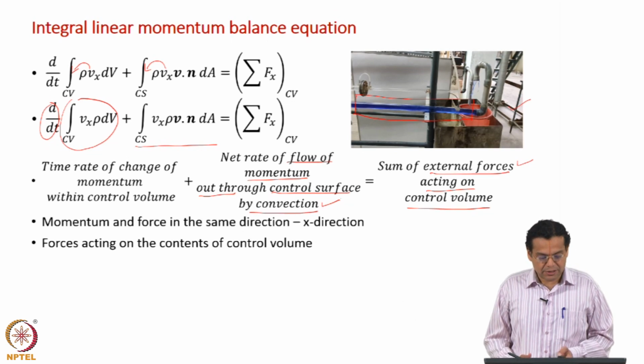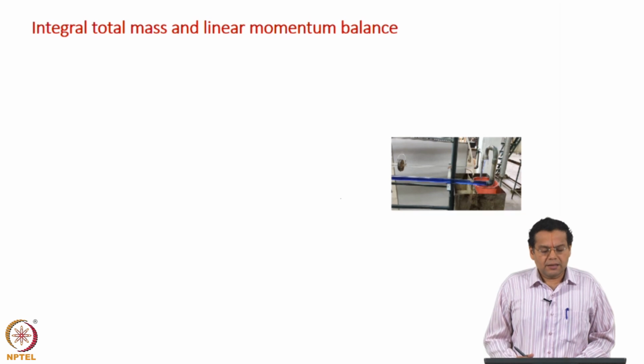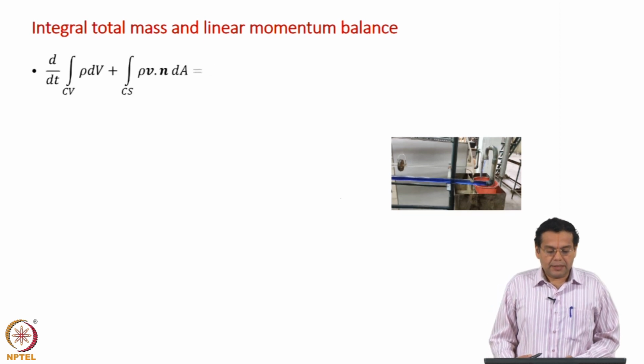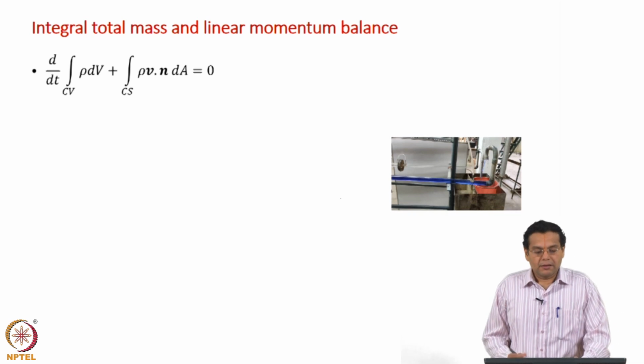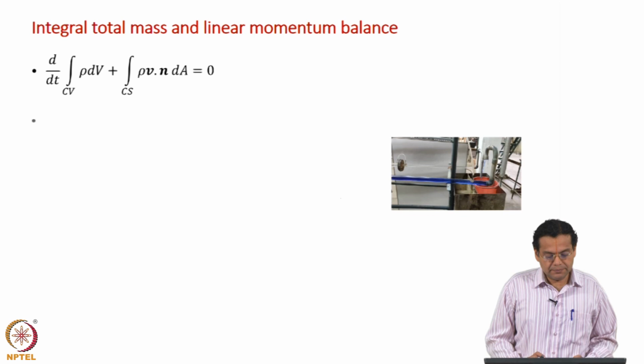Okay. So, now let us compare the integral total mass balance and the linear momentum balance. The way in which they are derived and their significance are all analogous. Let us compare both of them in this slide. That is the integral mass balance.